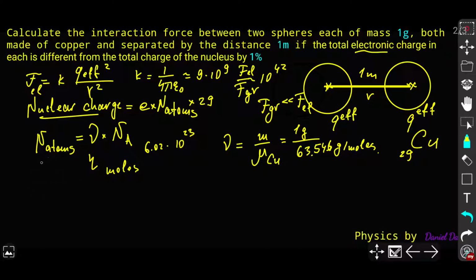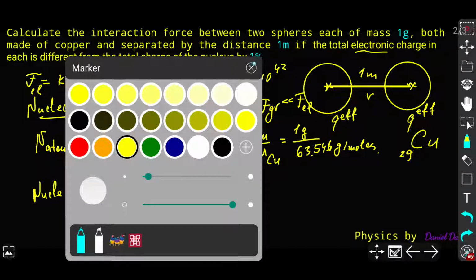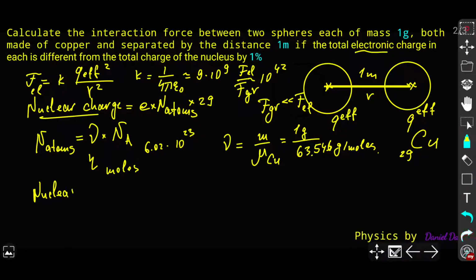Let's combine everything at once. So the nuclear charge, we can do the following. 1.6 times 10 to the negative 19, that's the charge of 1 electron.